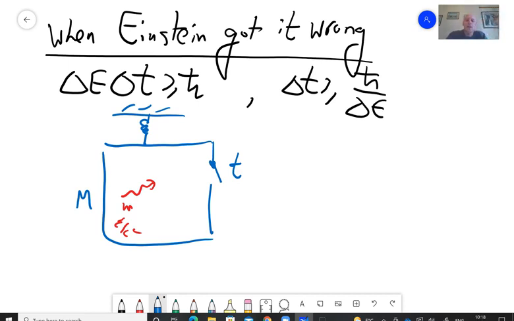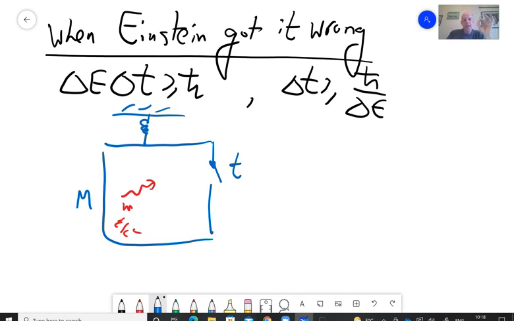So essentially what Einstein says is that I can measure the amount of energy or mass of the box plus the photon before I open the shutter, and after I close the shutter, and therefore I know the energy difference, if any, between the opening and the closing of the shutter.